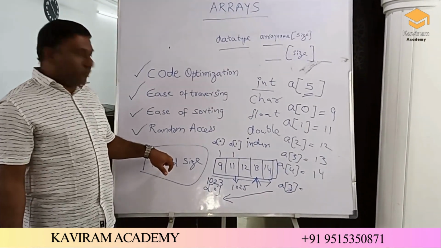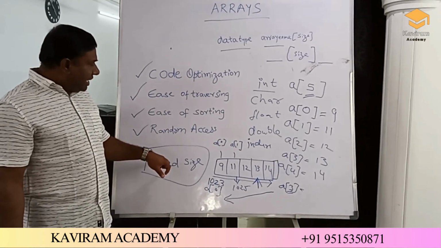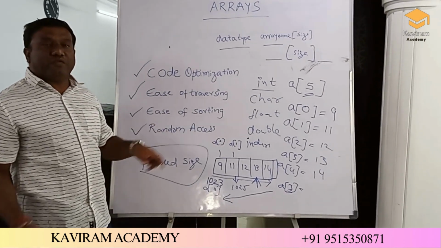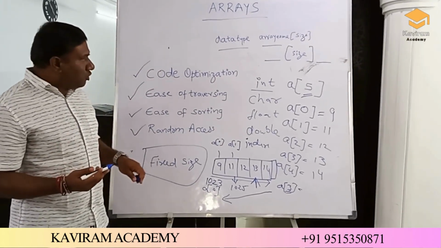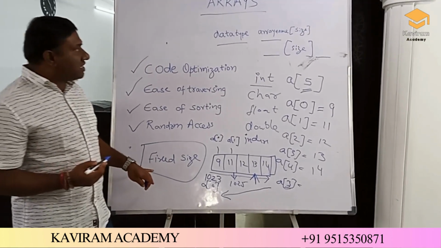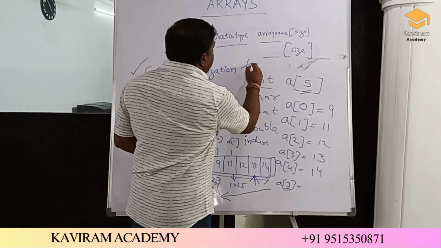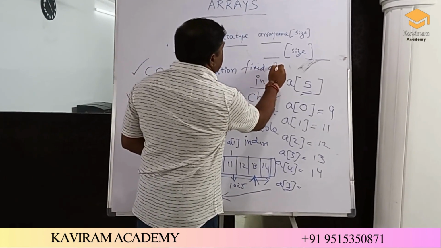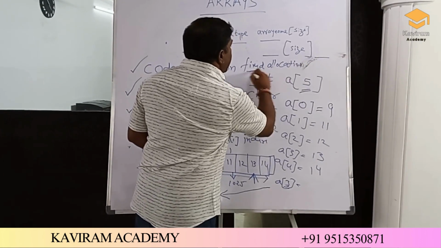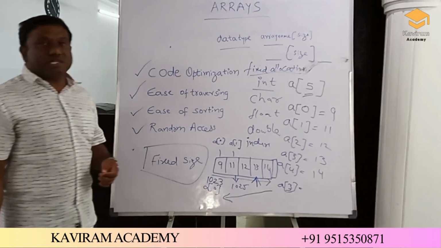If we want to increase the size, we can't do it using arrays. For that we have different techniques, such as dynamic memory allocation. But here, using arrays, the memory allocation is fixed, so the memory is fixed using these arrays.